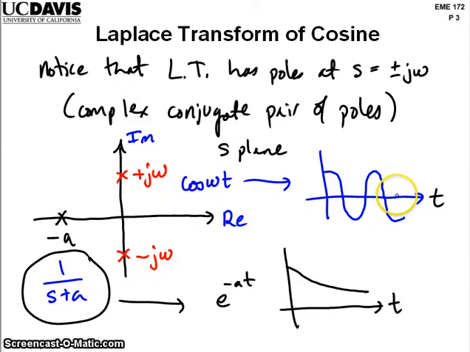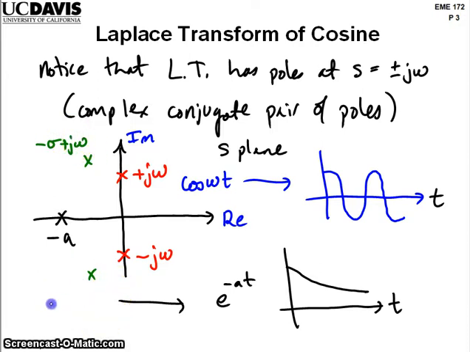Now it turns out if I have a pole pair that's over here, let's say just someplace like this, some pole pair like this at minus sigma plus j omega, and minus sigma minus j omega. Well, it combines these two characteristics, right? So we've got an oscillatory part and a decaying part.